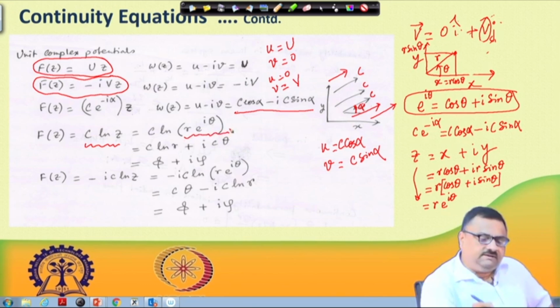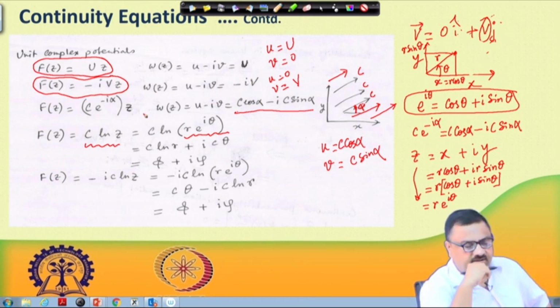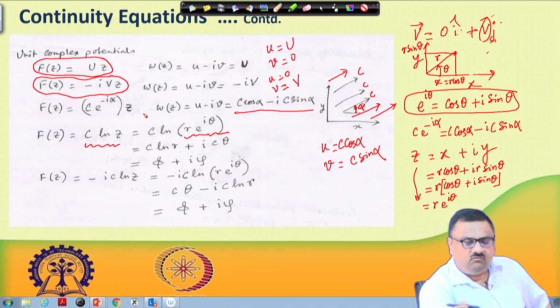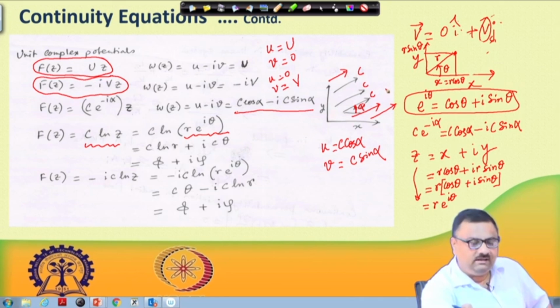So, first of all, these are of one type of flow. These first three that we are discussing, u z minus I v z and this quantity c e to the power minus I alpha z, we have already mentioned. One is horizontal flow, another is vertical flow, another is flow at an angle.